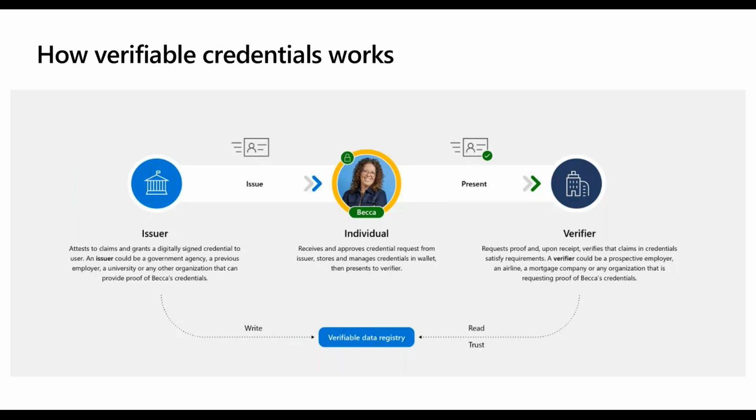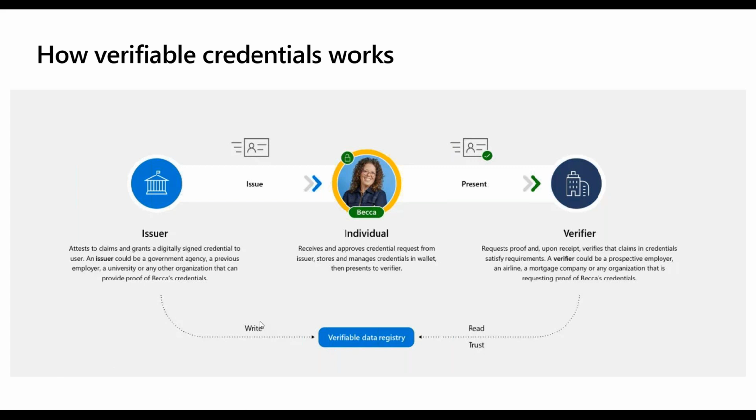And all they need to do is use verified ID compatible code. So they only need to write code that talks to the Entra verified ID service, which is a very small amount of code to write. You don't need to interact with the issuer. You don't need to interact with other organizations you want to find information about the users from.